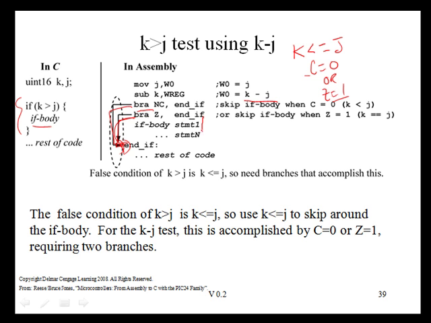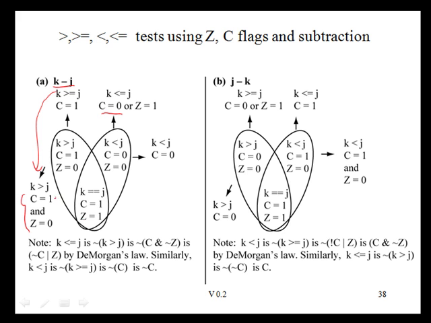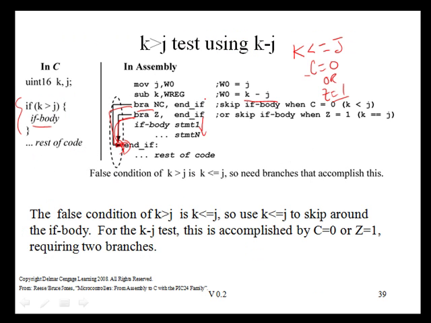The only time that we will actually execute this if body is if we have carry flag equal to a 1 and the 0 flag equal to a 0. That will cause both of these branches to not be taken, and we'll execute the if body.